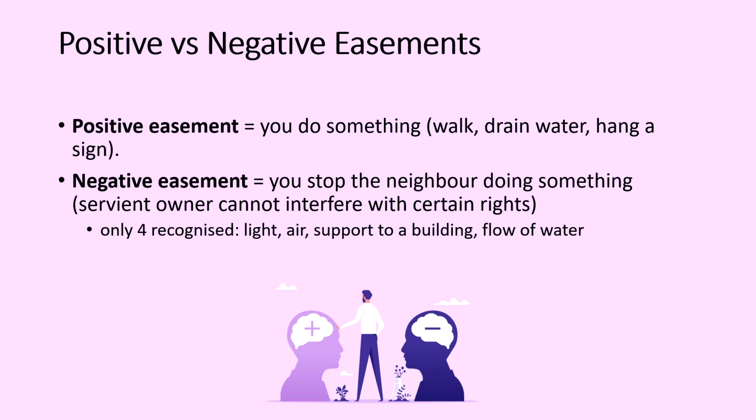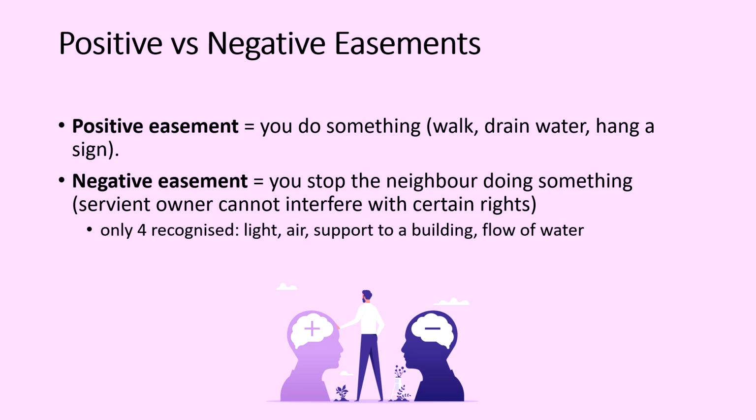So if you buy a building, for example, or a flat or anything, and you want to live in that building, then your neighbor wouldn't really be allowed to build a really high wall right next to your window so that no light's coming in anymore.